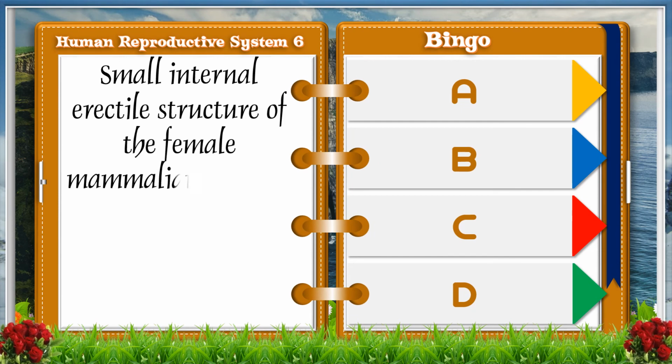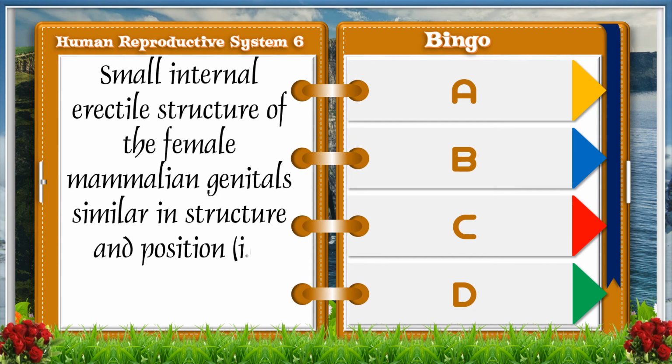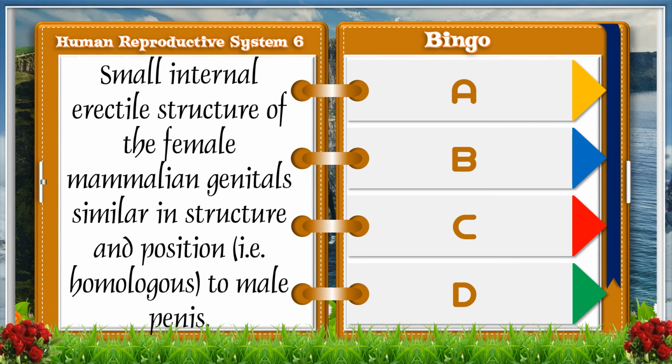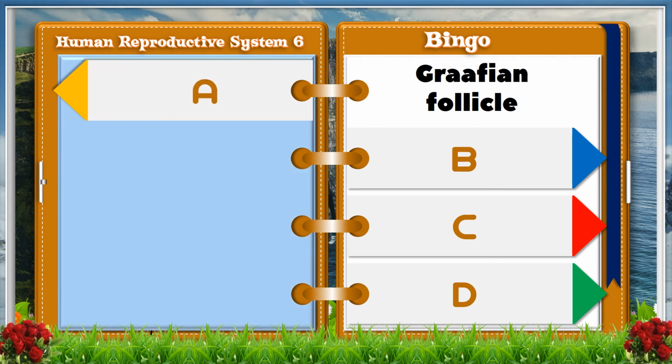Small internal erectile structure of the female mammalian genitals, similar in structure and position, i.e. homologous to the male penis. A. Graafian follicle.